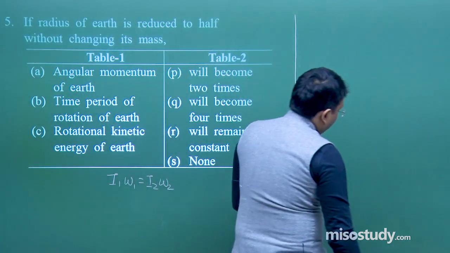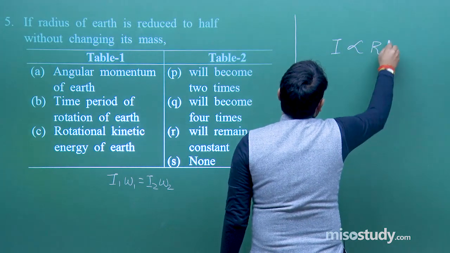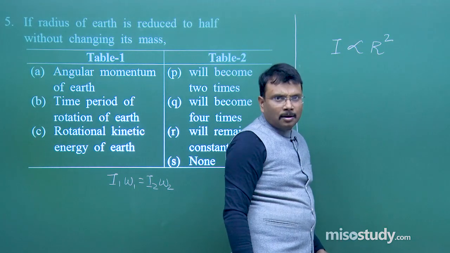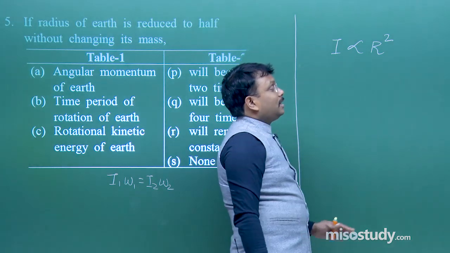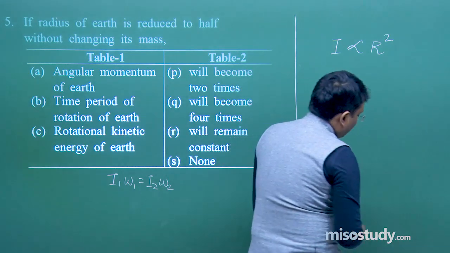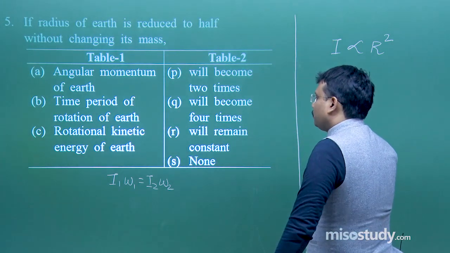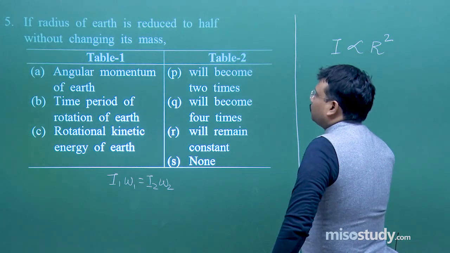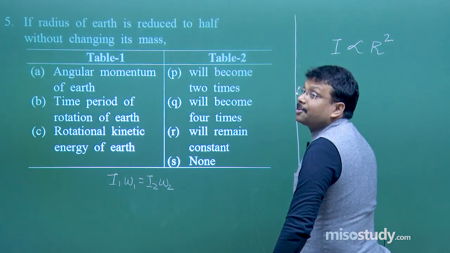Now from here I can say I is directly proportional to r square, m r square, 4 by 3, fine. So it is 2 by 3, 2 by 5, like that, depending upon the solid sphere, hollow sphere, and so on so forth. So you can find that time period of rotation of the earth, it is 6 hours, fine.